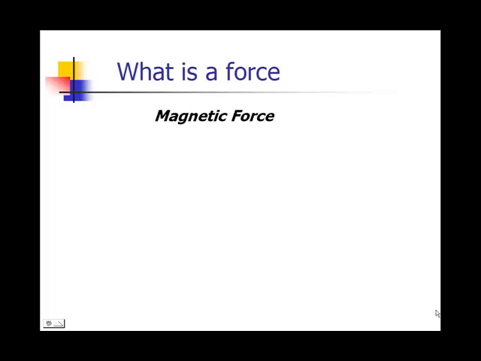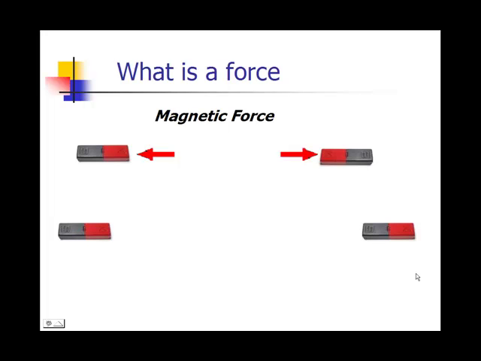Now let's take a look at magnetic force. If you take two magnets and they have the same pole, and if you were to bring them close enough, you'd find that the two magnets will repel each other and they would actually push the magnets apart. This force that is pushing each of the magnets out of the way is actually a magnetic force.